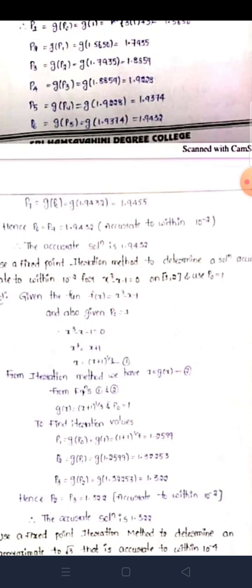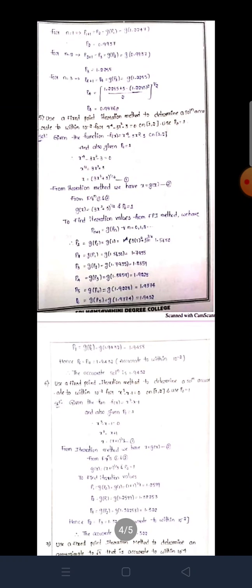Therefore the accurate solution is 1.322. Next problem.